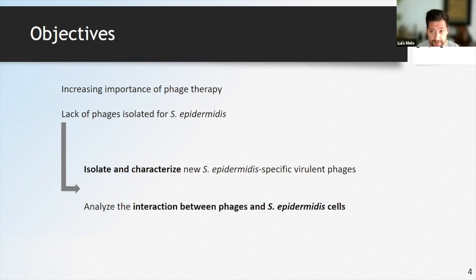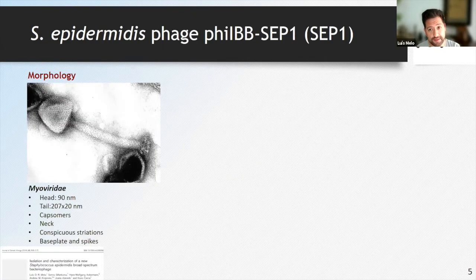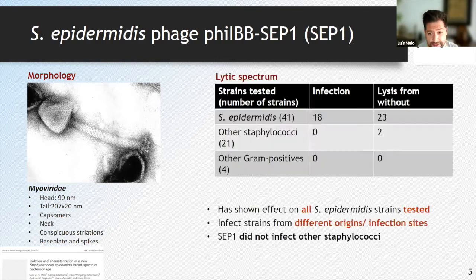I will focus this talk on one phage, which is CEP1. At that time, this was in 2013, I had the pleasure to visit Dr. Ackermann's lab, and we performed transmission electron microscopy of this phage. We noticed that this is a Myoviridae phage, and then we tested the lytic spectrum.